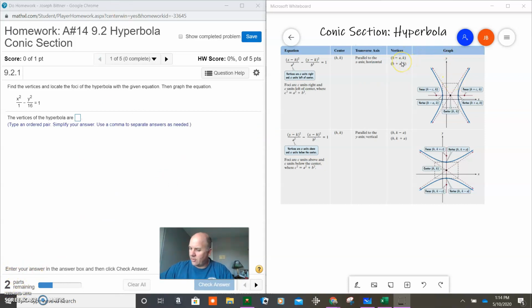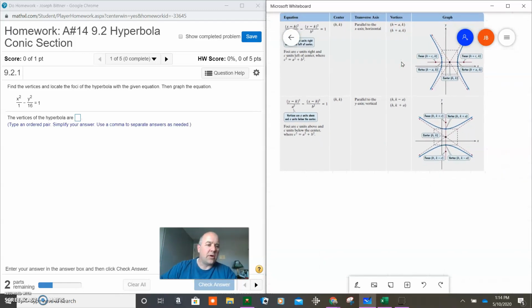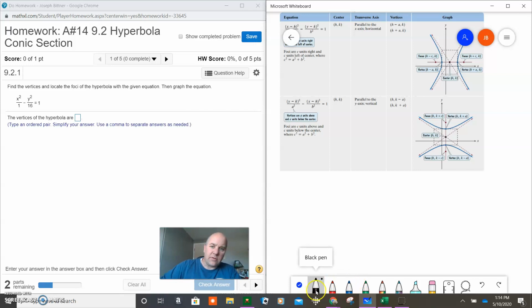The first part here, they're asking what are the vertices of this? First of all, what we should notice is that since there's really no plus or minus with the x and no plus or minus with the y individually, the center of this is (0, 0). This is the h value, and this is the k value.